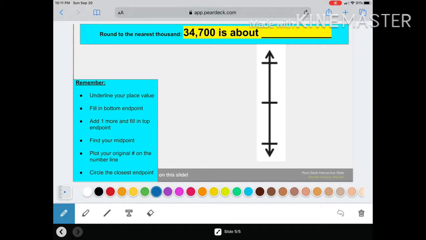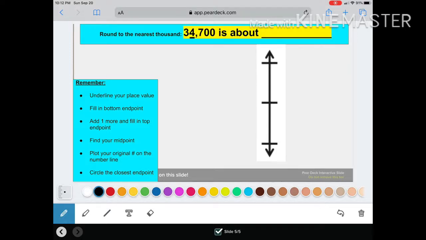Underline your place value. I'm still rounding to the thousands. What number is in the thousands place in this number? Good job. My 4 is in the thousands place. That's my first endpoint. Wow, look at you. But wait, you guys.